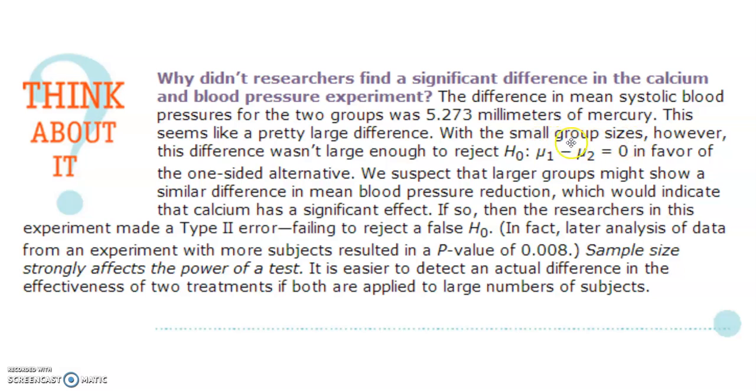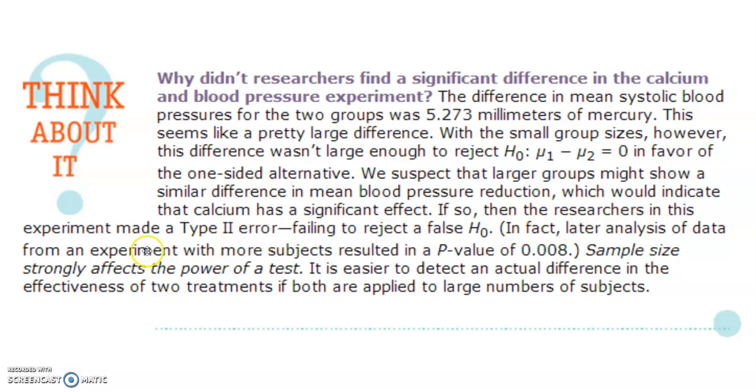With small group sizes, this difference wasn't large enough to reject the null hypothesis in favor of the one-sided alternative. Now, we suspect that larger groups might show a similar difference in blood pressure reduction, which would indicate that calcium has a significant effect. If so, then the researchers in this experiment made a type 2 error, that is, failing to reject a false null hypothesis. In fact, that is actually what happened.